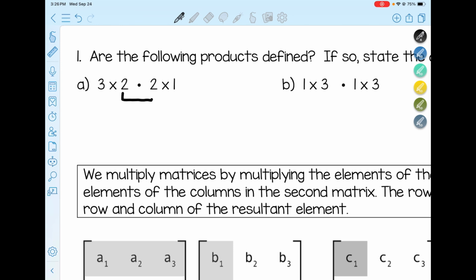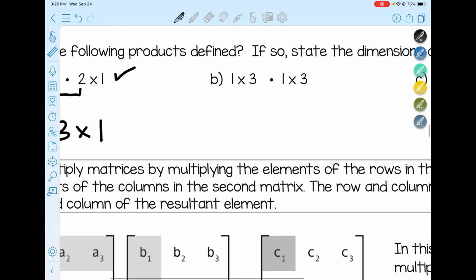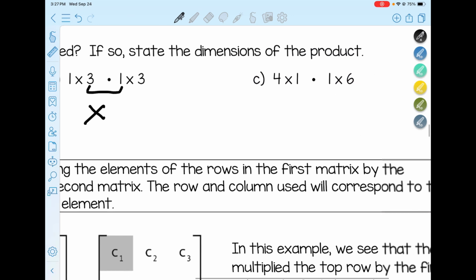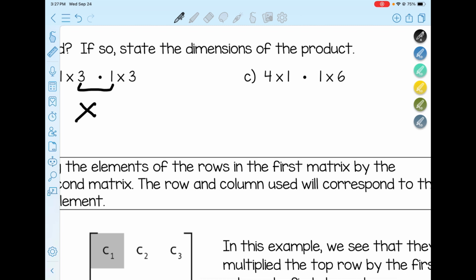So we see that we have 2 2's in the middle, so it would work, and we would be left with a 3 by 1 matrix. Here we see we have a 3 and a 1 in the middle, so it's not defined, so this one wouldn't work. And then this last one, we see that this is a 1 and a 1 in the middle, so this would work, and it would result in a 4 by 6 matrix.